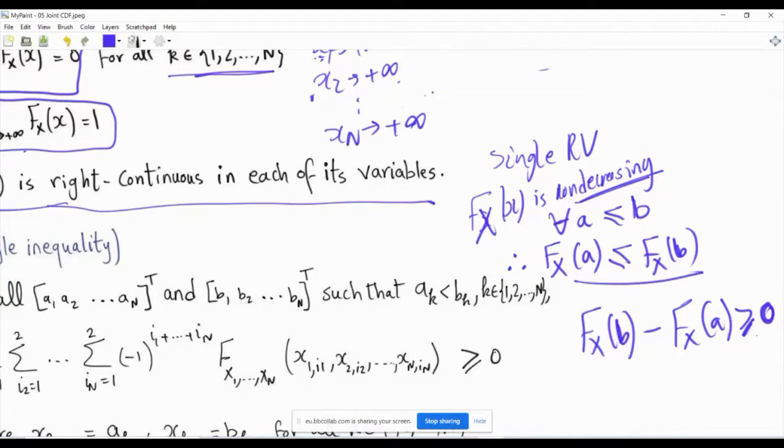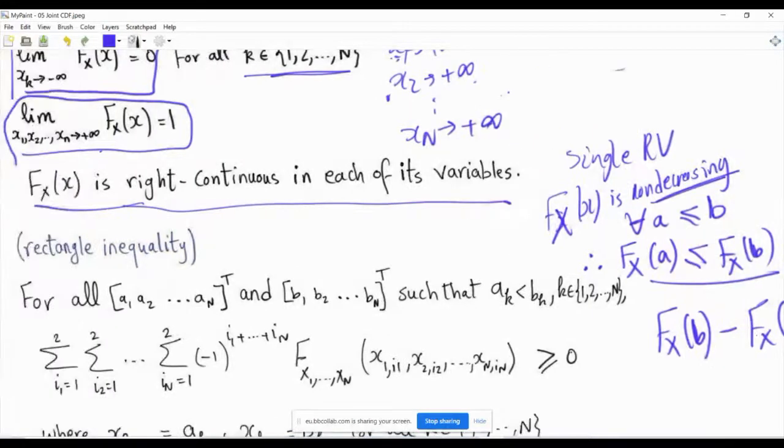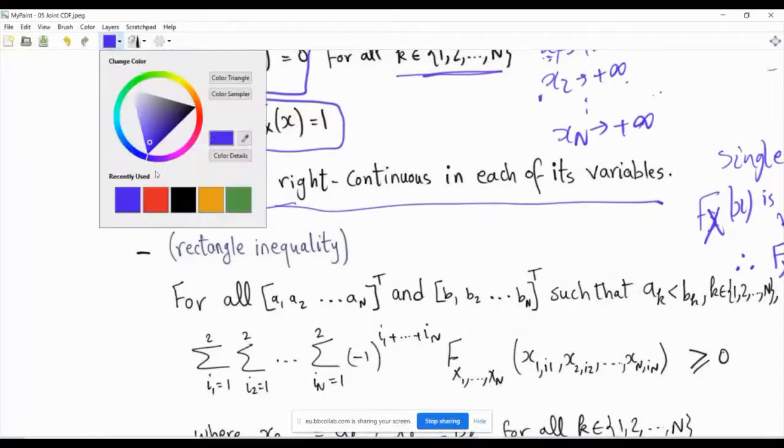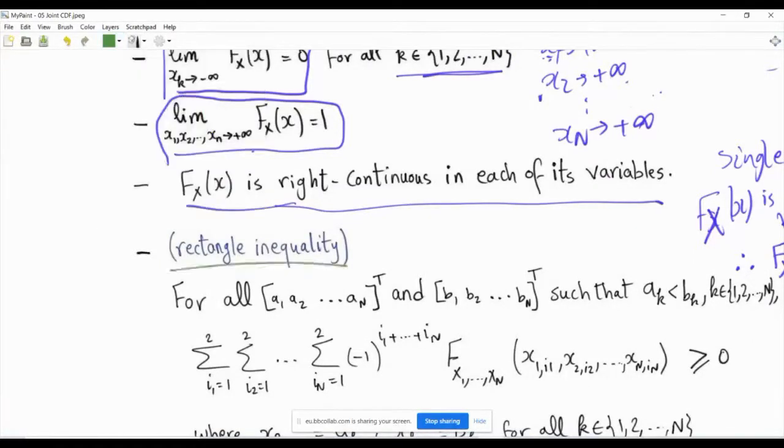How can we do something similar in multiple dimensions if you have a random vector? Things become a bit more complicated. We have something called the rectangle inequality, and I will state it first and then let's think about it.